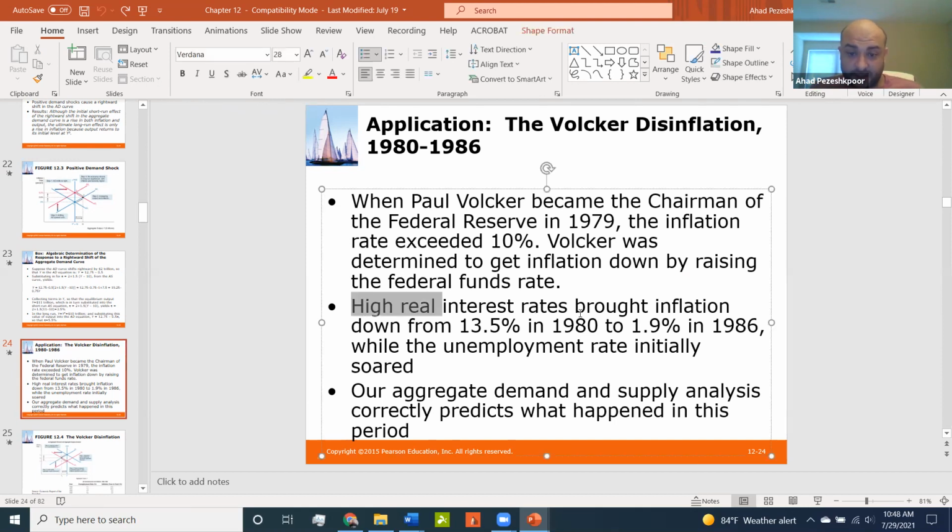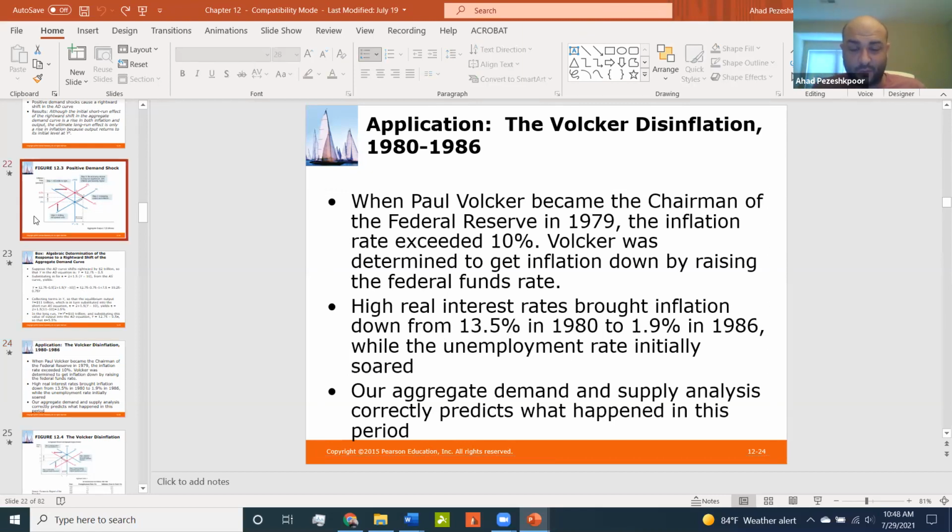High real interest rates brought inflation down from 13.5 in 1980 to almost 2%, which is great, in 86, while the unemployment rate initially soared.